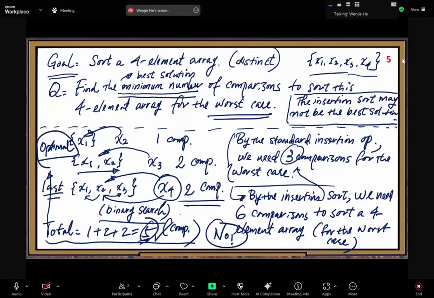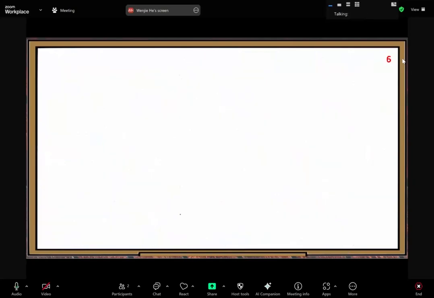Let's move to our next question. We need to sort a 5-element array.